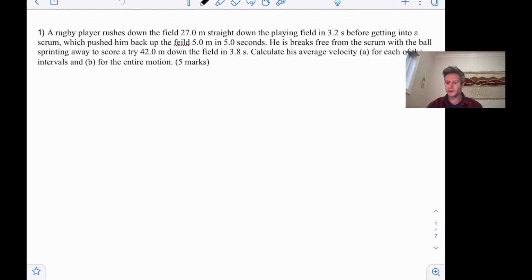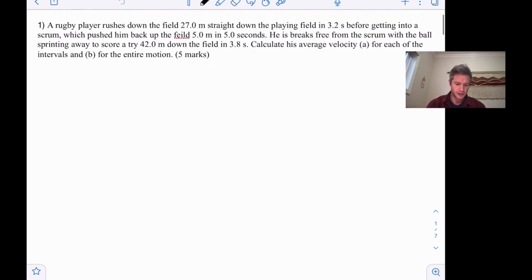So first thing that's always helpful to do is draw a picture, especially when there's lots of different segments going on here. So first up, what I'm going to do is draw my little schematic. So I have my first segment, and again, when dealing with displacement or anything in physics, you want to make sure you're clear on your coordinate system.